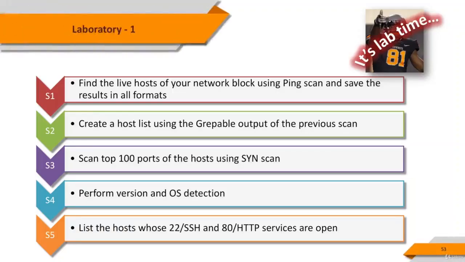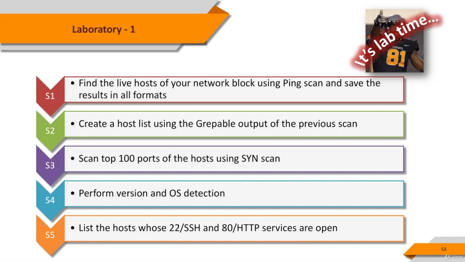So here's some homework to use almost everything you learned about Nmap up to now. Step 1. Find the live hosts of your network block using ping scan and save the results in all formats. Step 2. Create a host list using the greppable output of the previous scan. Step 3.